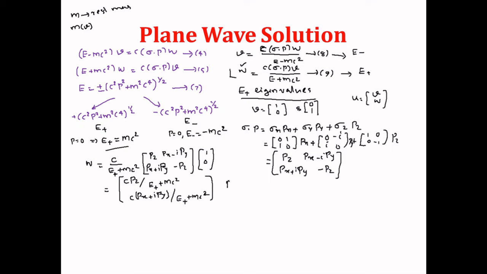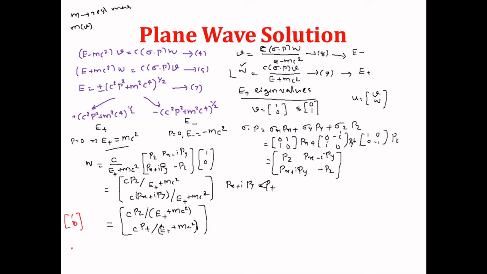Let me put Px plus iPy equal to P plus. So we can write this as C Pz by (E plus plus mc²) and C P plus by (E plus plus mc²). So these are the W values for the V matrix (1, 0).